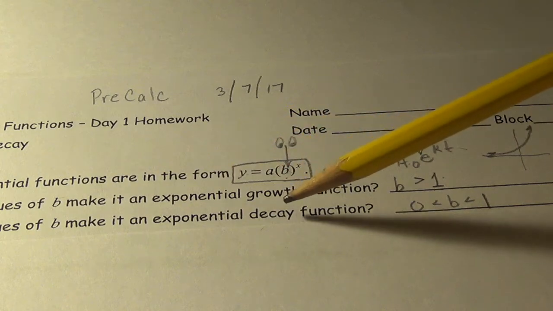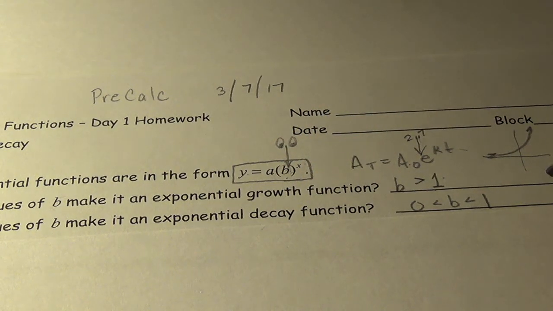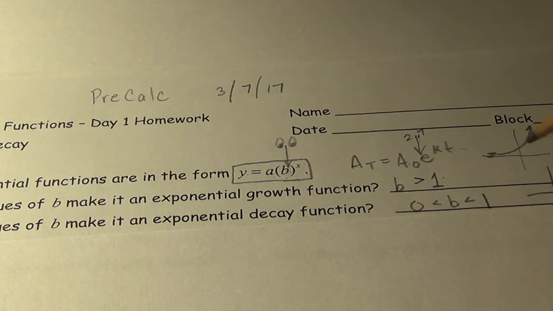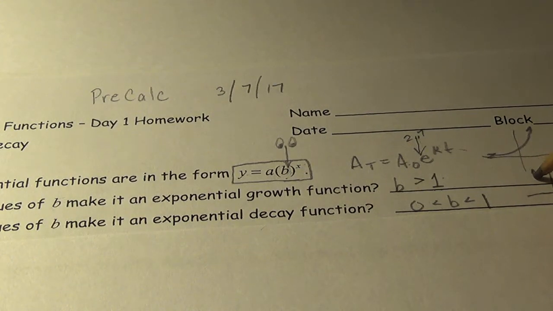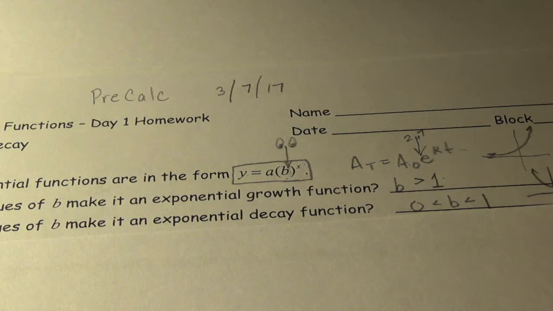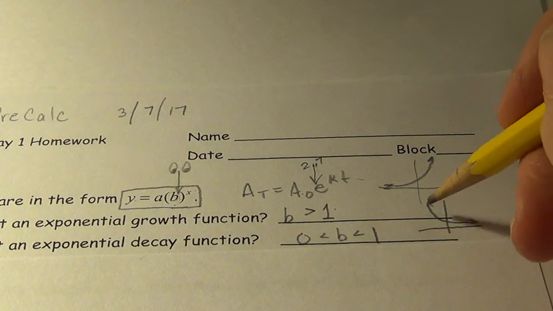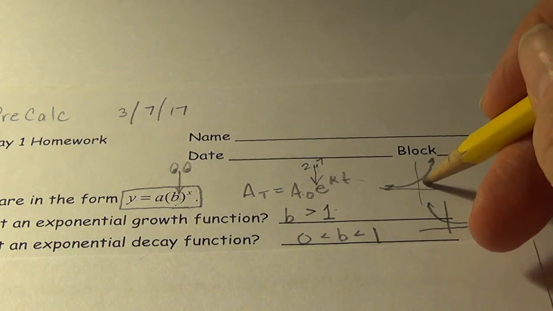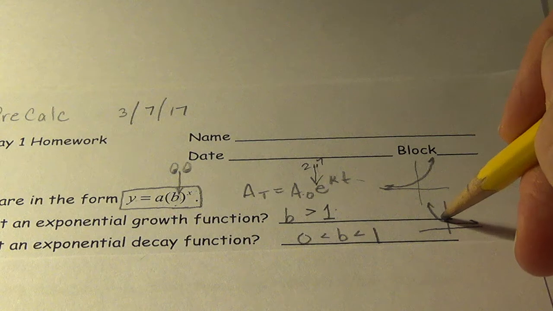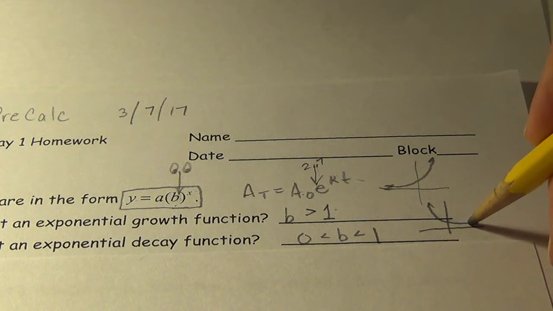But when we have exponential decay, looking at it from left to right, the function starts out very high and then comes low, like this. It comes down and peters out.